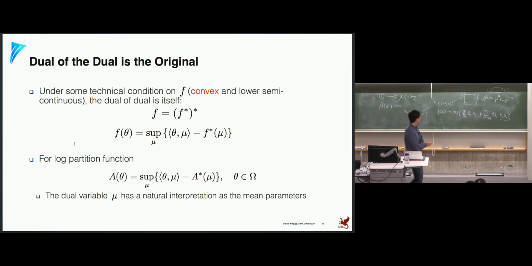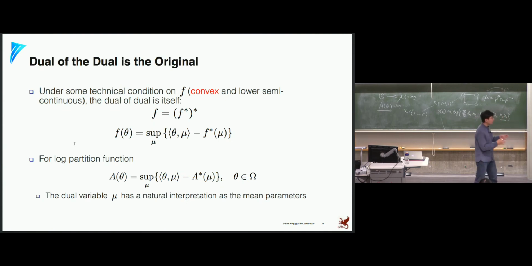And we know now if we come back to the exponential family, we know this log partition function is convex, right? So we might as well plug this A in for f. Then what we have is a variational representation. We've expressed the log partition function A as an optimization problem.